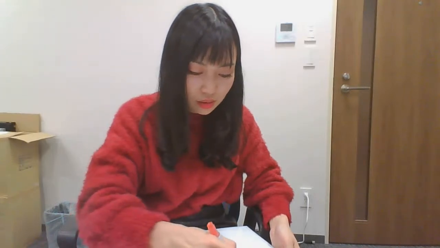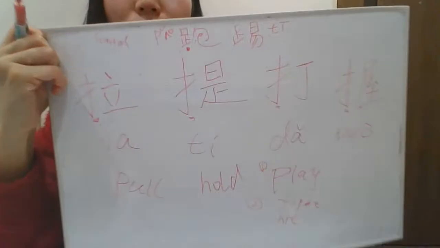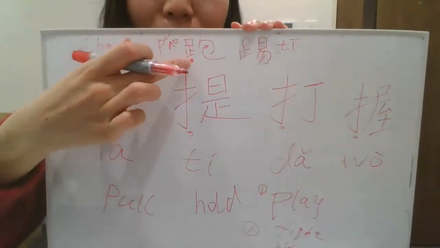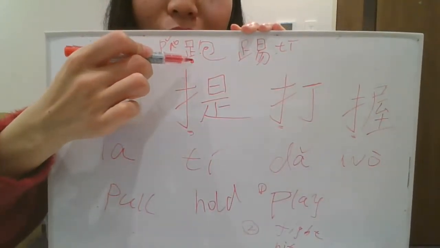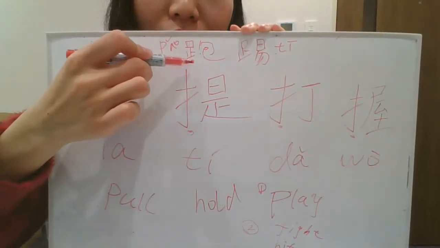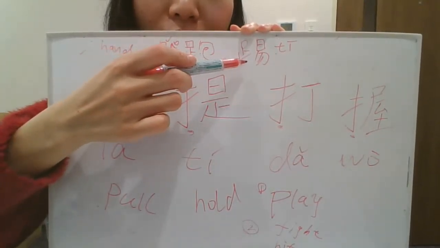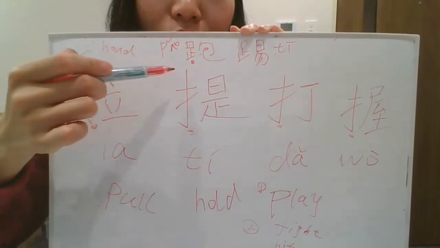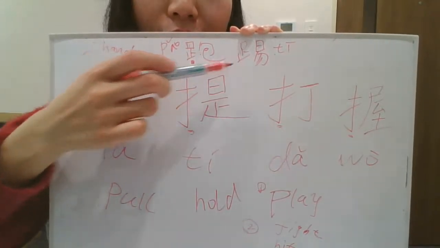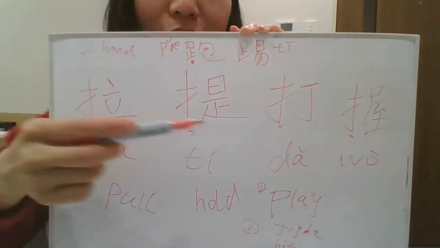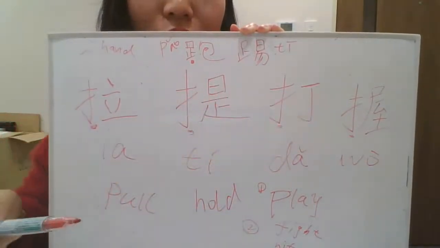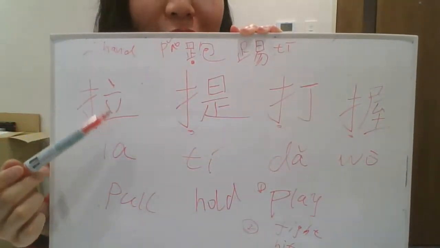So 跑 or 踢. This is 跑 because this part means the feet or the foot, and this use your legs and this use your hands. So basically you can guess the meaning.